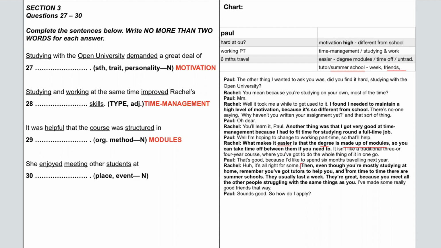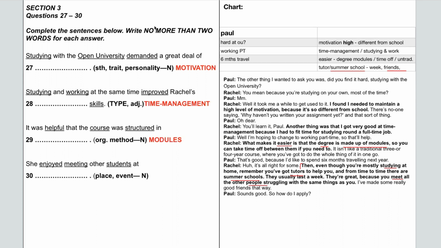She says, even though you're mostly studying at home, remember you've got tutors to help you, and from time to time, there are summer schools. They usually last a week. They're great because you meet all the other people struggling with the same things as you. And then she talks about friends. So the other keywords here, people and meeting, I did not write, but I did listen out for. And in any case, it led me to the correct answer, summer school.